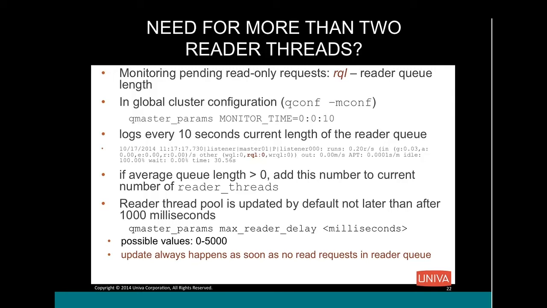So leave it at 1,000 milliseconds unless you experience an issue. Another interesting point is that an update always happens as soon as no read requests are in the reader queue. So when they're essentially sitting idle, it always gets an update because it realizes that it's not doing anything at that time. That's probably a good time to get an update from the QMaster.